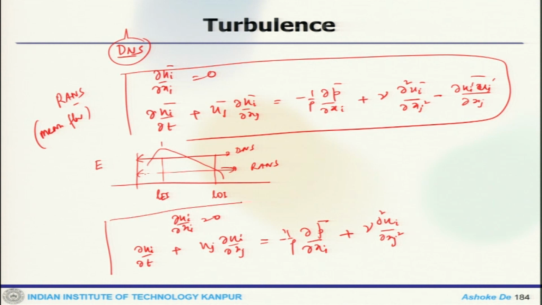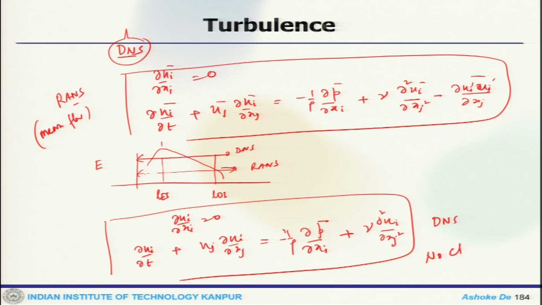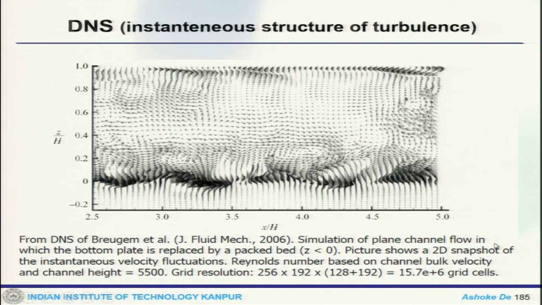These are the equations which are solved for DNS. That means the governing equations are solved completely, essentially no closures. Now, that is a picture of how DNS looks. This is taken from a channel flow simulation, where you can see the small scale structures are also captured.